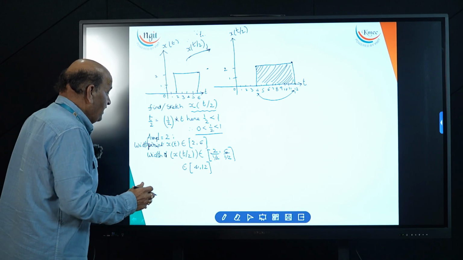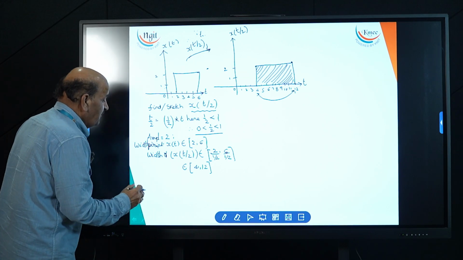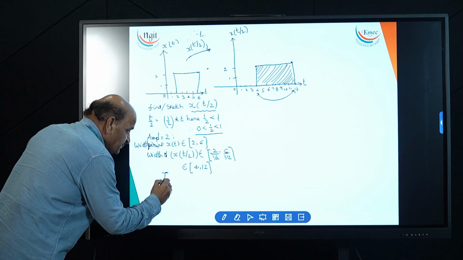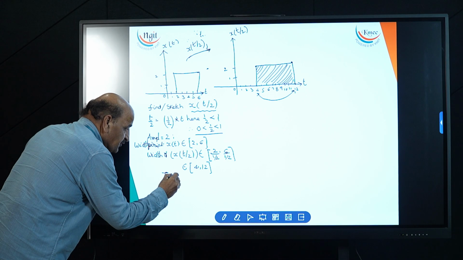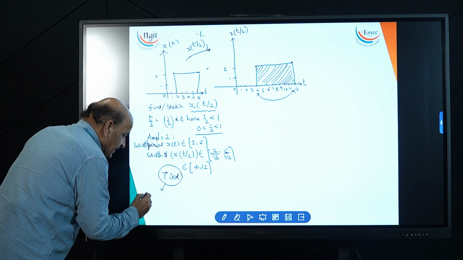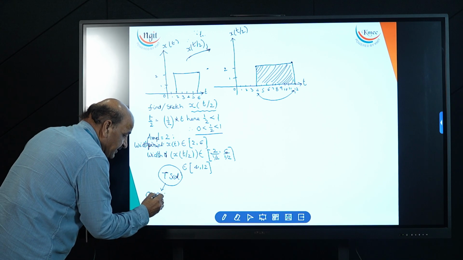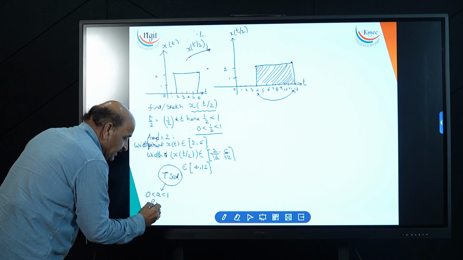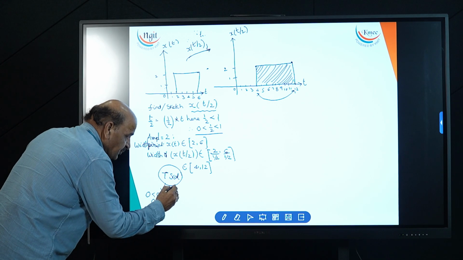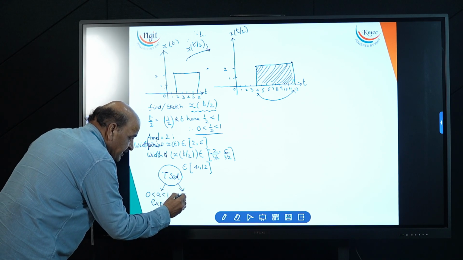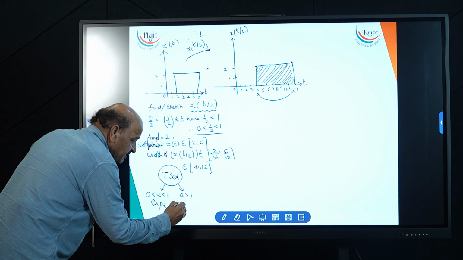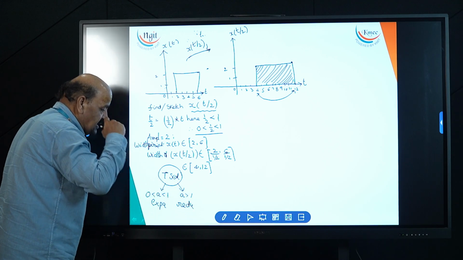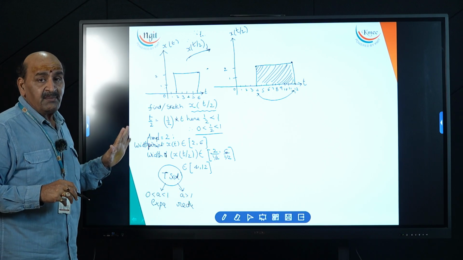This concept is always based on the multiplier: where the multiplier is less than 1, the signal will be expanded. If the value is greater than 1, the signal will be reduced. Students should understand and remember these two concepts.